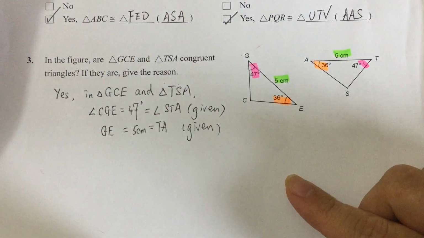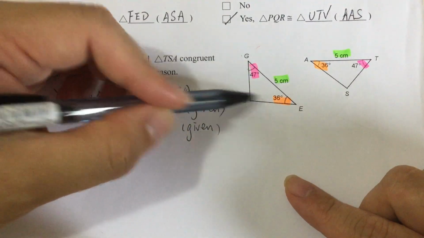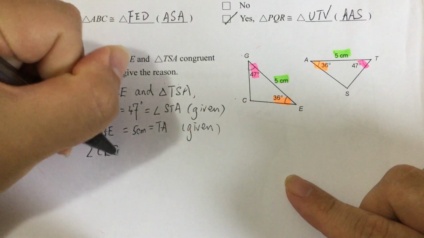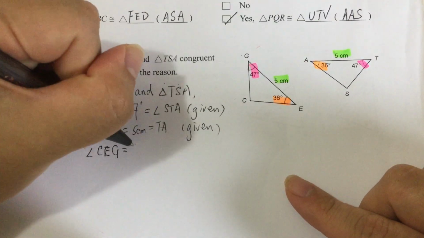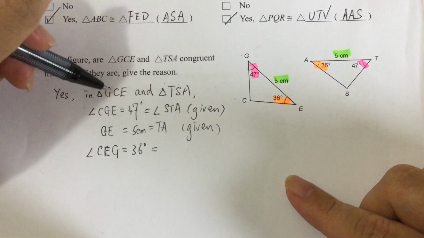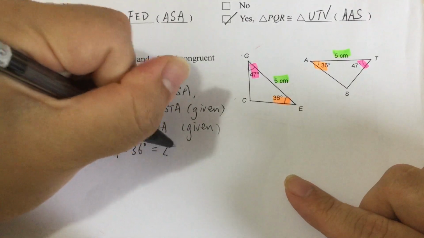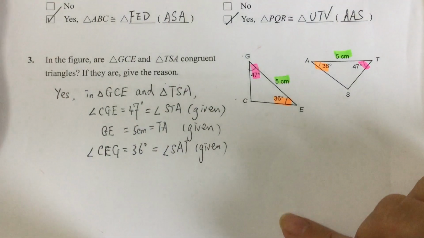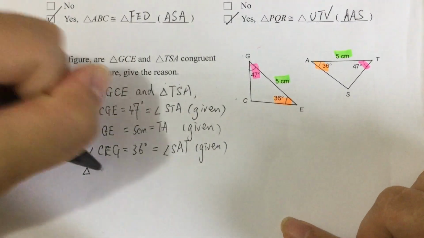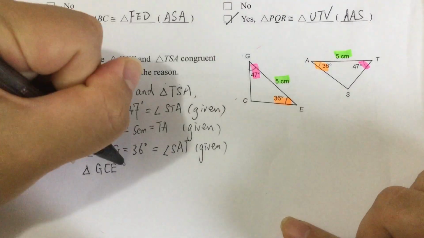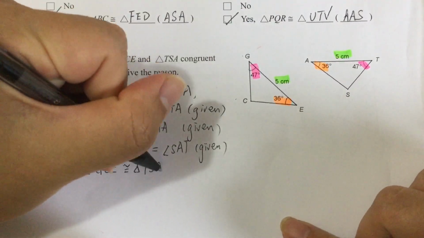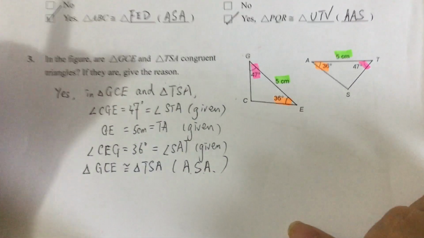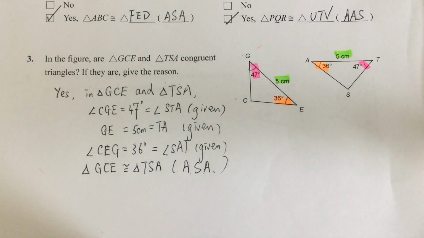Finally, the last one is angle CEG, which is equal to 36 degrees, equal to angle SAT, given. So we have these two angles and the middle one is the side. So I think that triangle GCE is congruent to triangle TSA. This one is called ASA. I think you can solve the problem like this. This is question 3.